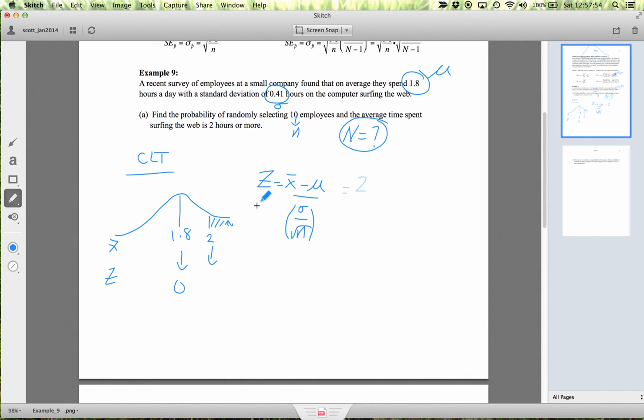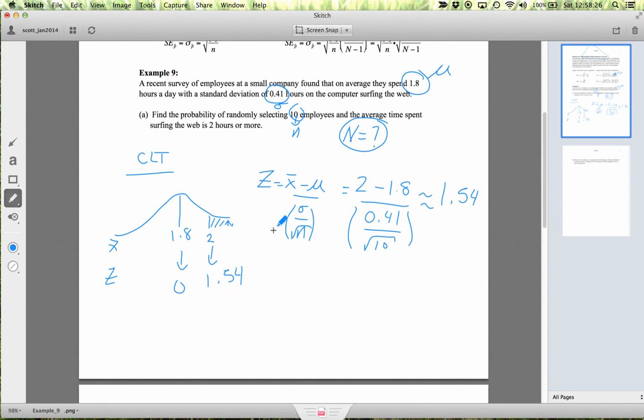We're trying to convert this value to, the middle here is 1.8, over top of the standard deviation, which is 0.41, and our sample size here is 10. If we do this, we'll find here that this x value transforms into the value 1.54.